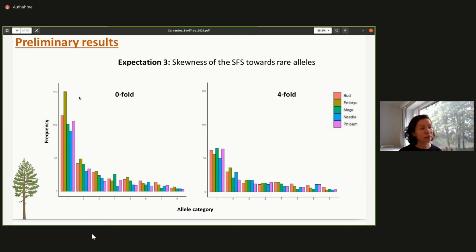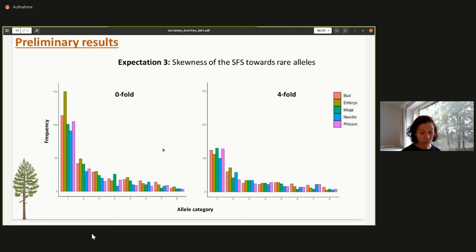What we were expecting to see was more of an L-shaped site frequency spectrum for the genes that are expressed in the megagametophyte. That should be more evident in the zero-fold than in the four-fold, but we still should be able to see something in the four-fold. And we didn't get what we were expecting.